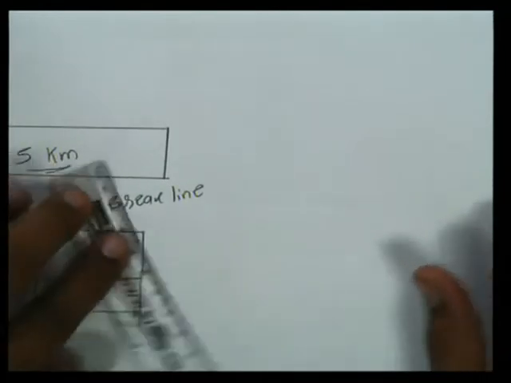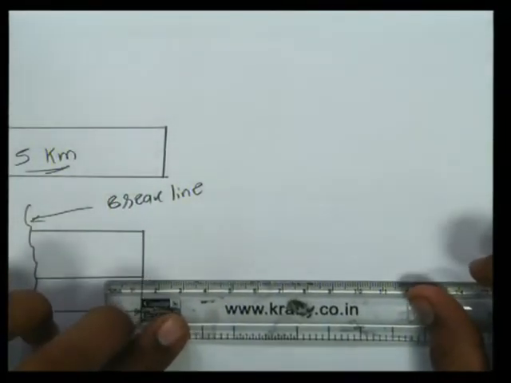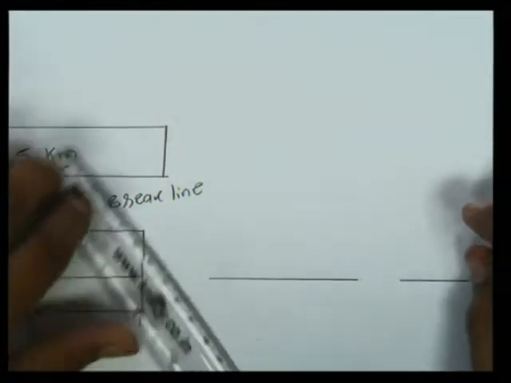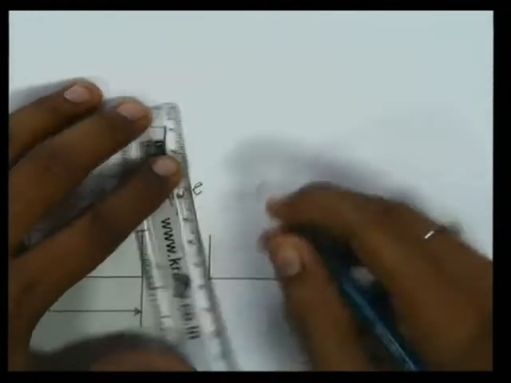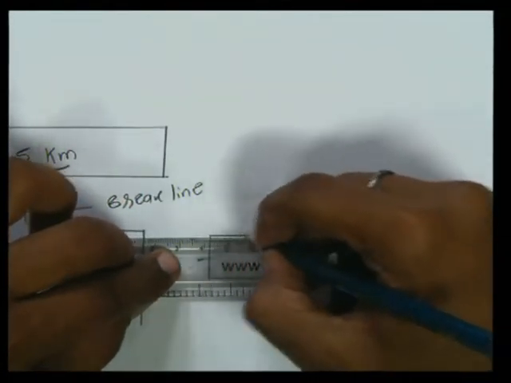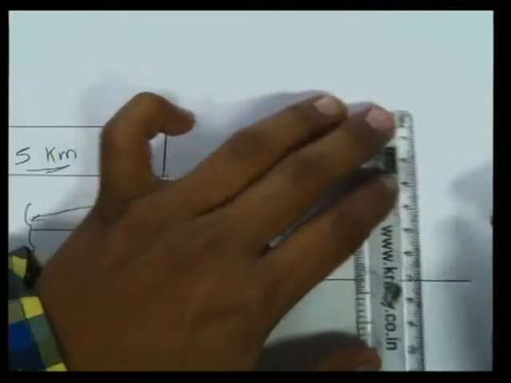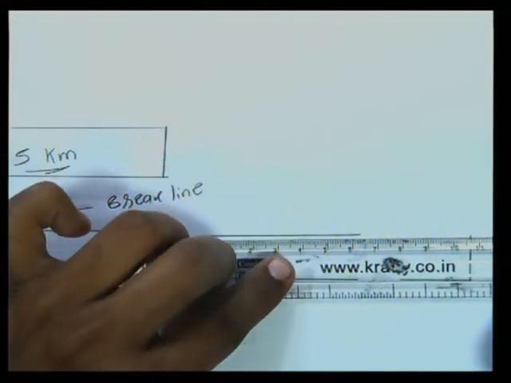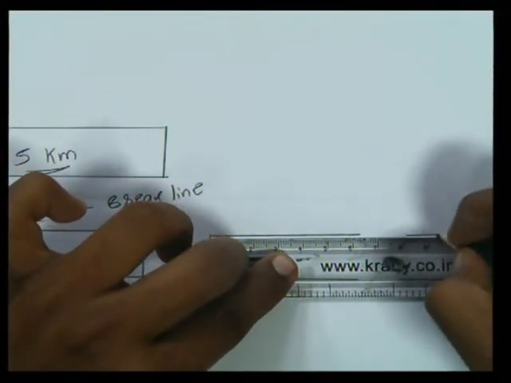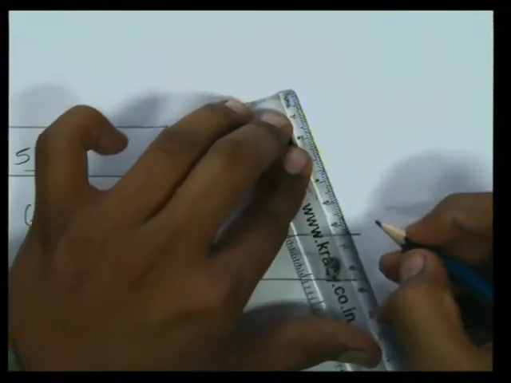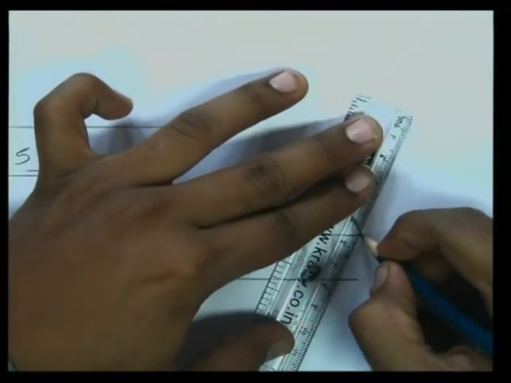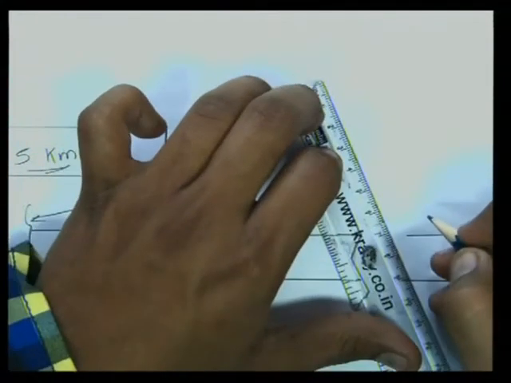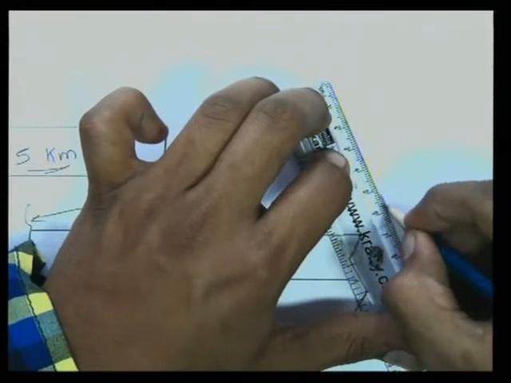Similar to the break line would be the zigzag line. Zigzag line would represent the same, but in a different manner. If we want to represent any sort of gas pipeline, then we can represent it by zigzag lines. Exactly parallel to this.